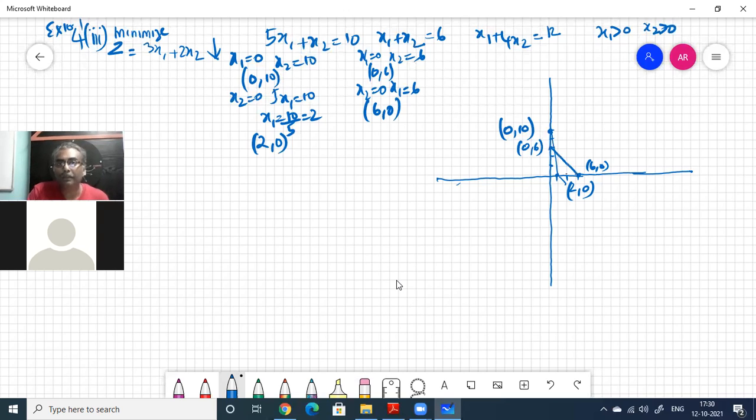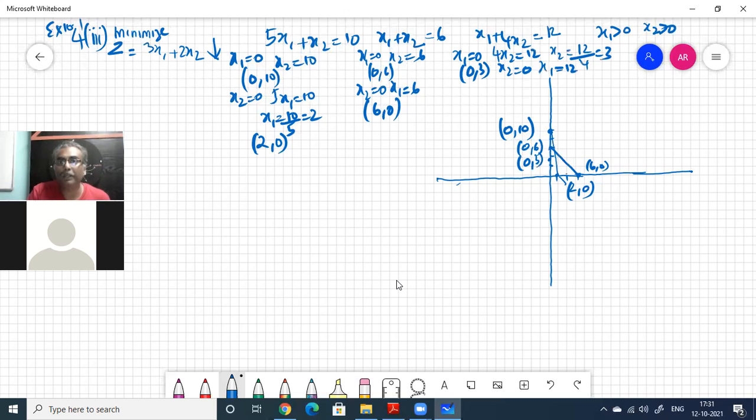The third line: let us say x1 equal to 0, then 4x2 is equal to 12, so x2 is equal to 12 by 4 is equal to 3. So this point becomes (0, 3), the first point. Now x2 is equal to 0 means 4x2 is equal to 0, so x1 equal to 12.